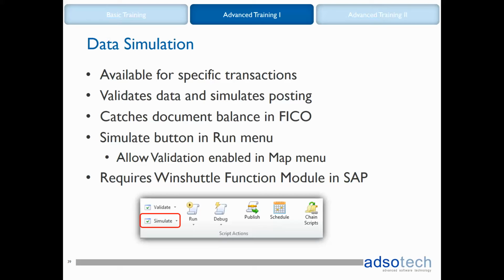This feature is used in similar fashion as the data validation, meaning that first the developer has to enable it in the map menu by clicking Allow Validation, and then the option can be used by clicking Simulate. This feature is available for a limited number of transactions, and in order to work, it requires that your SAP system has the Windshell function module version 11 installed.